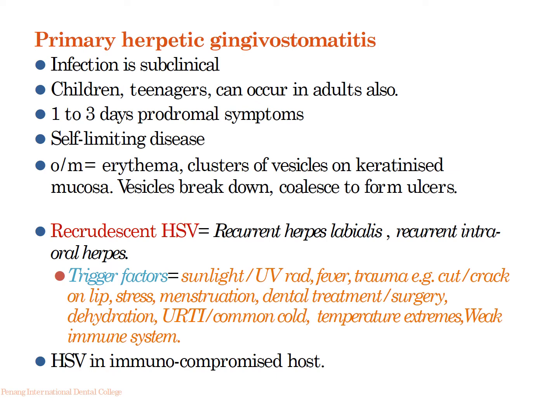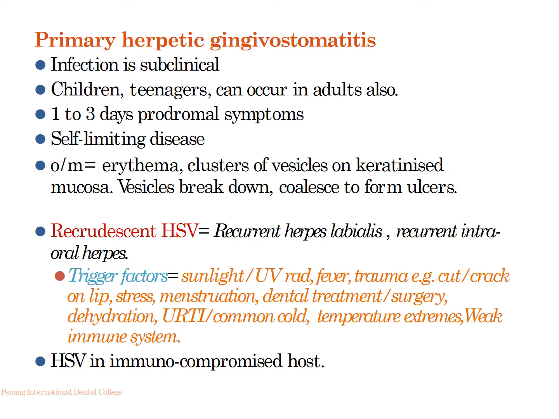Now, it's important for you to understand that the first time the patient gets the infection is called primary herpetic gingivitis. Then the virus remains latent in the human body, and due to certain trigger factors, you could get a reinfection. When the reinfection happens, it's called herpes labialis or intraoral herpes, both of which are recurrent.